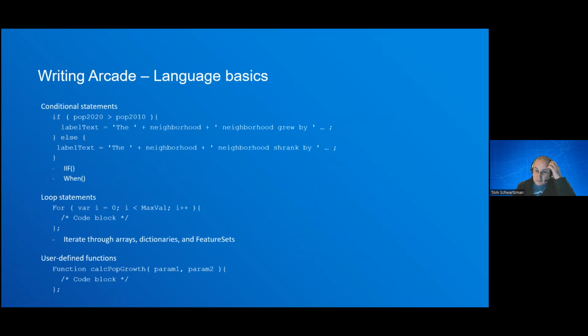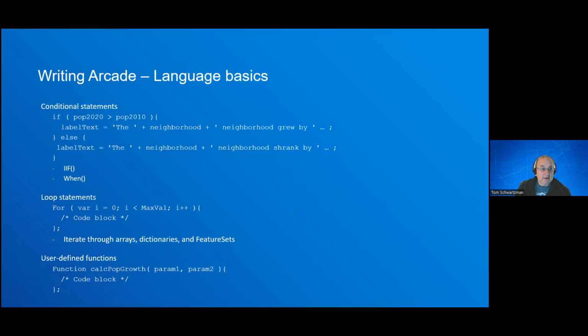When you're writing Arcade code, it also has conditional statements, very common in any language: if this is true, then I want you to do this, otherwise, else, do something else. That's the if-then statement.